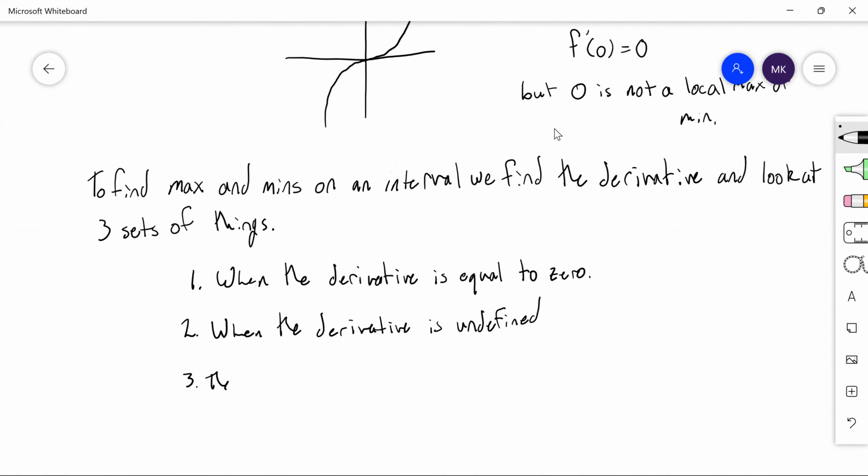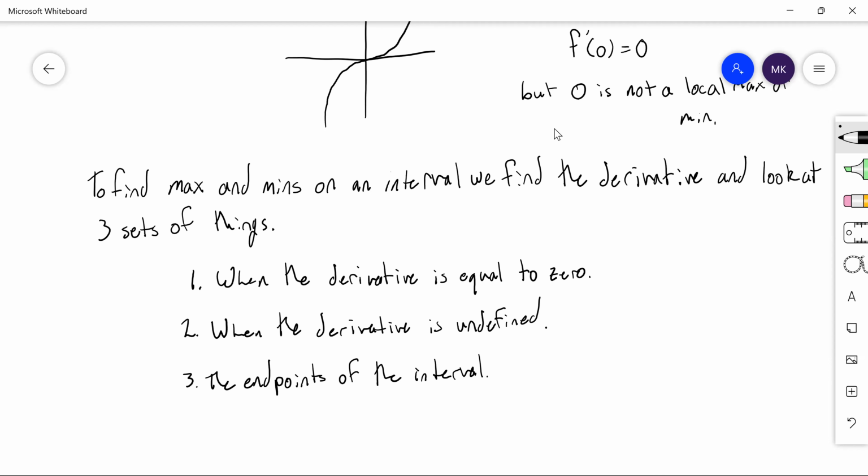And lastly, the endpoints of the interval. Now, not all of these are going to apply in every function. If we have open intervals or no intervals, if it's just the domain of the function, we might not have endpoints. Not every derivative has undefined points, right? If our function is x cubed, our derivative is defined everywhere, so we don't have any undefined points. And so these are the 3 things we want to look for when we're trying to find these things. We may find them or not.